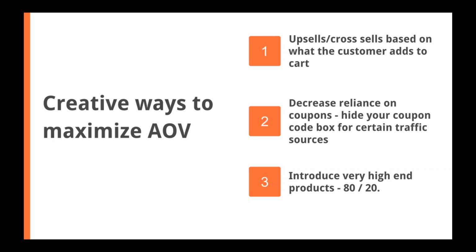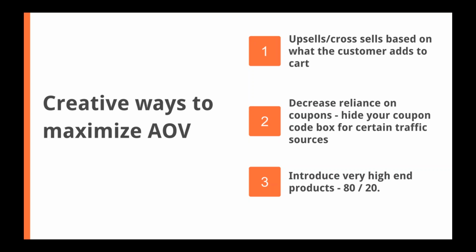Another one that we've seen that's becoming increasingly popular is decreasing the reliance on coupons from your customers. Based off the traffic source that a customer comes from, you can hide that coupon code box. If they come from someone like a RetailMeNot or a couponing site, obviously you don't want to hide the coupon code box because they came from there.